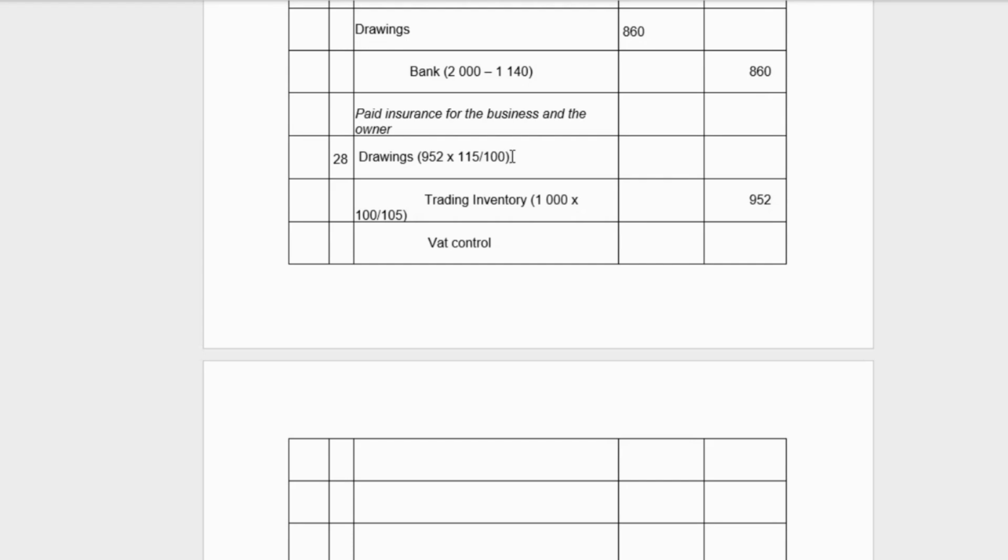Let's see quickly. On my calculator, I say 952 multiplied by 115, I divide by 100, okay? So I'm getting a drawings of 1095.